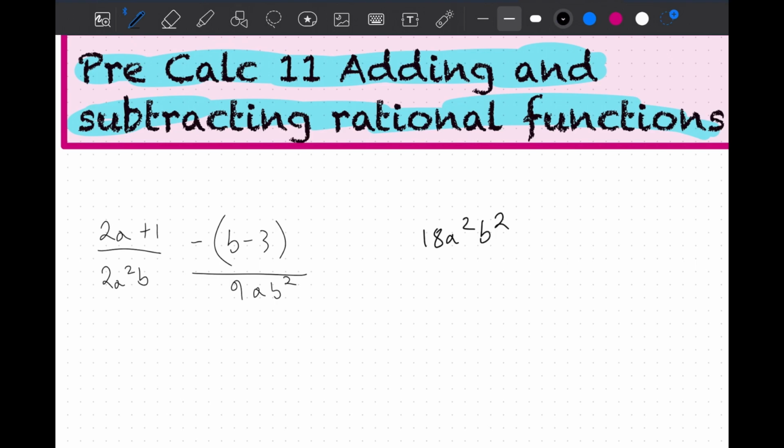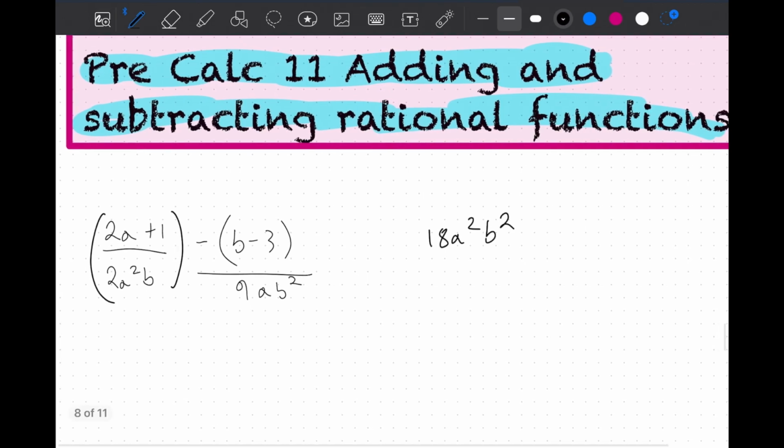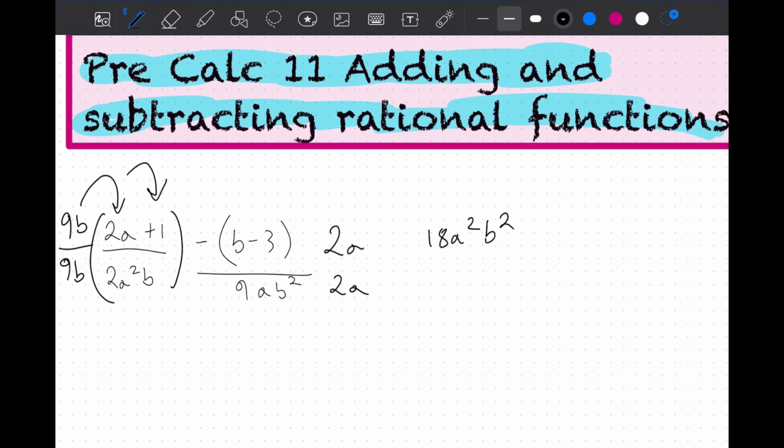So in order to make that, I would multiply both the top and bottom by 9b for the first one, and then for the second one, I would need to multiply this by 2a and 2a. So now be very careful here to FOIL this into both of them.